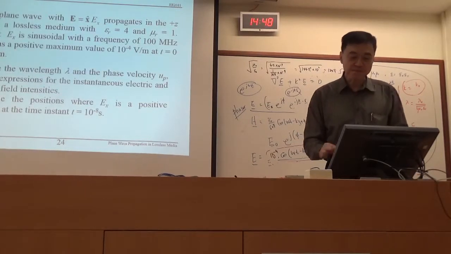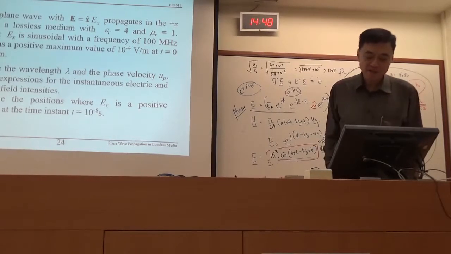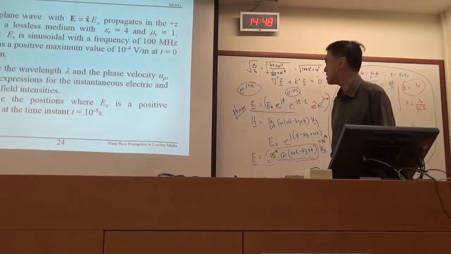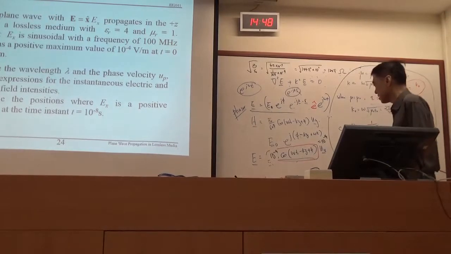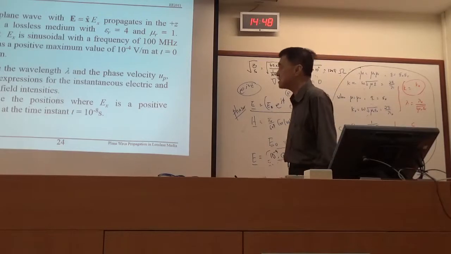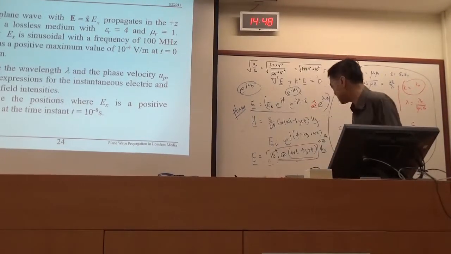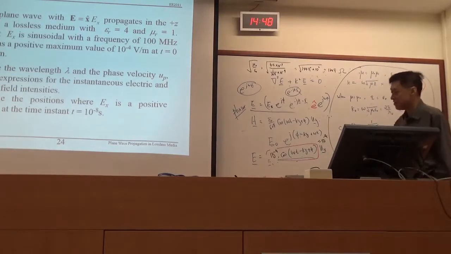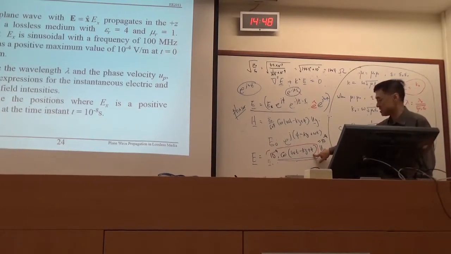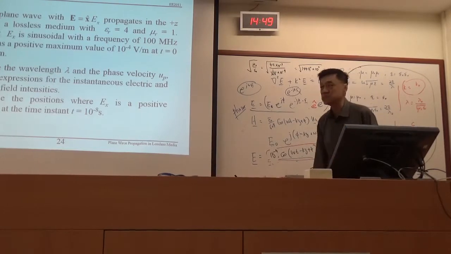Okay, determine the positions where Ex is a positive maximum at the time instant t equal to 10 to the power minus 8. Phi we already found out is pi by 6. t equal to 10 to the power minus 8, and it has to be positive maximum.